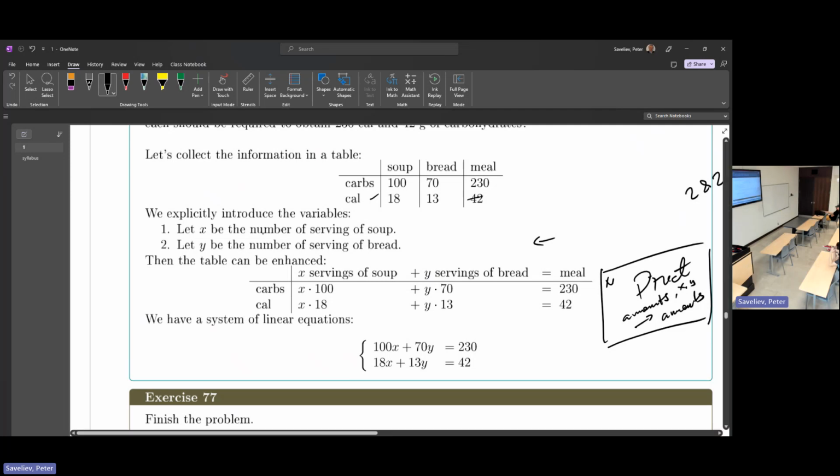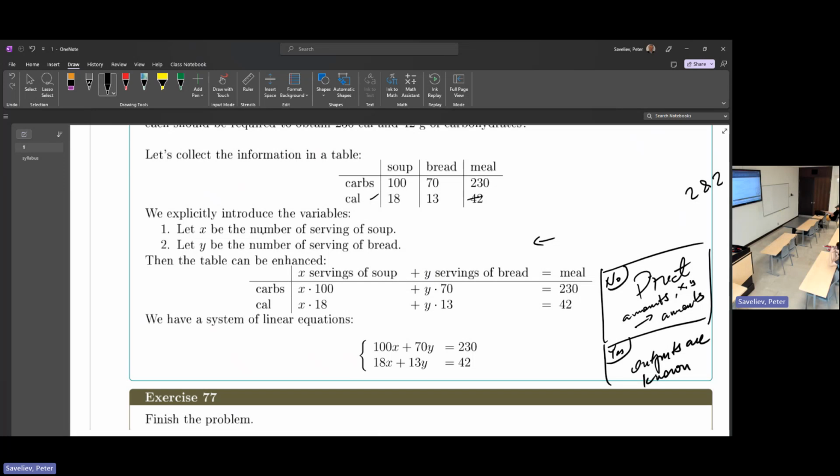So that's a no. We're doing the opposite, indirect. So what we're doing is outputs are known. It is the problem as I just told you, that app that you might have. You plug in the amounts of ingredients into your app, and then it tells you how much your meal is worth in terms of calories and carbohydrates.